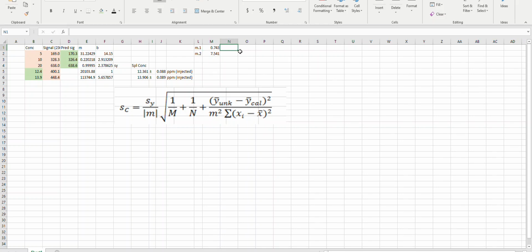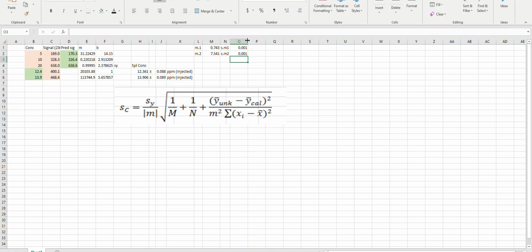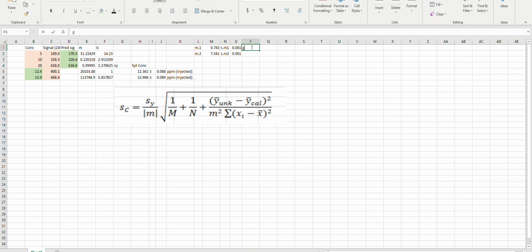And then the S, the uncertainty, these values, we're going to give them 1 milligram in each case. These are both going to be grams, right?